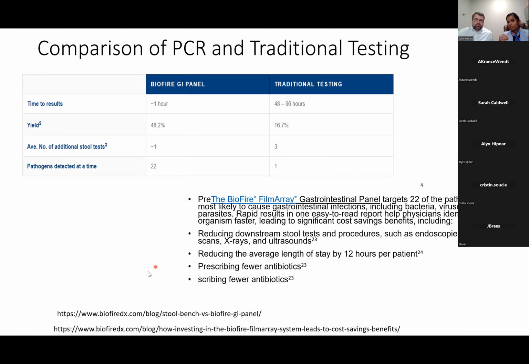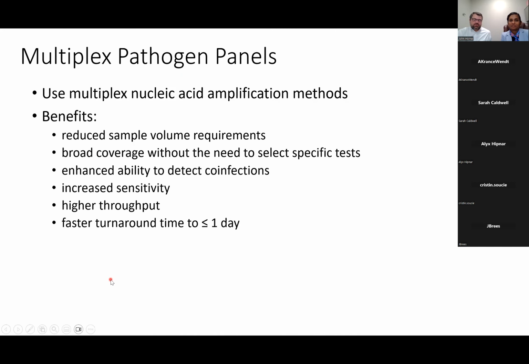This is interesting to compare PCR versus traditional. There are different multiplex PCR devices, but we're going to talk about BioFire because that's what we use. We're not compensated, we don't have stock, we don't get money, we're not reps. But this is what we use. When we talk about multiplex PCR, that's mainly what we're going to be talking about.